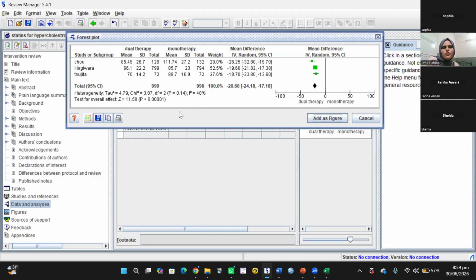The heterogeneity is 48%. It's fine. Ideally, low heterogeneity is less than 40%. But even if you end up having greater heterogeneity, you can sometimes even get like 60%, 70%. You report it as it is, right? It's not your fault that the studies differed so much amongst each other.